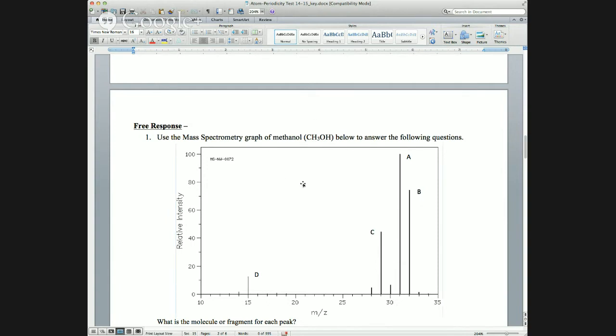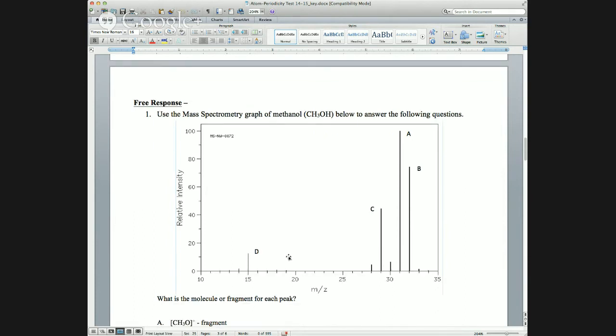Another reason I would not accept oxygen 15 is that the mass of oxygen is 16.00, which means that the relative abundance of oxygen 15 is going to be so infinitesimally small compared to the amount of oxygen 16. So there's no way you're going to get almost 20% of oxygen 15 because it's almost all oxygen 16. So that would not be accepted. It would have to be CH3.